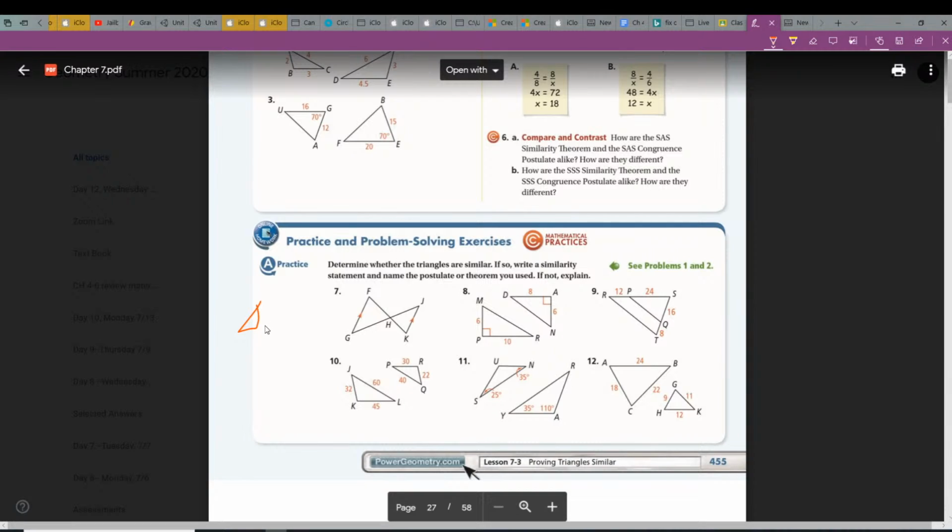Triangle FGH is similar to triangle, see here, FGH, then that's K, that corresponds to KJ, oops, so KJH, and this is the little squiggly line, which means similar. Okay, so we can clear that.